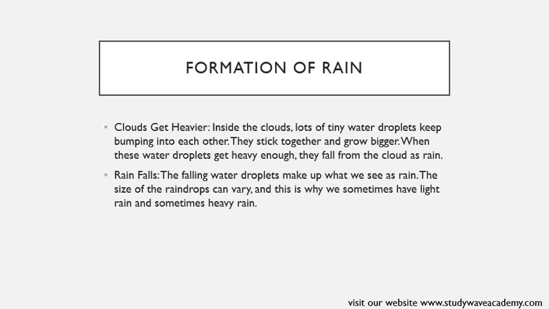Clouds getting heavier. Inside the clouds, lots of tiny water droplets keep bumping into each other. They stick together and grow bigger. When these water droplets get heavy enough, they fall from the cloud as rain.